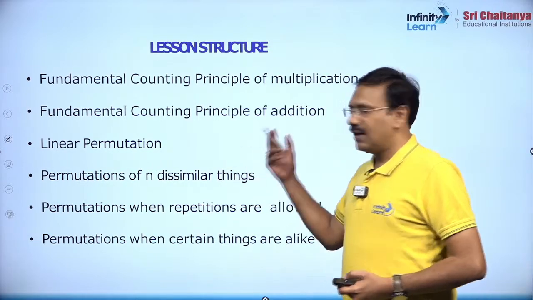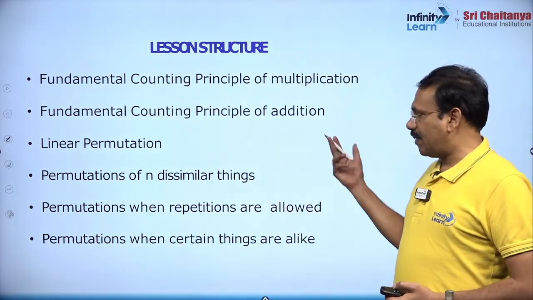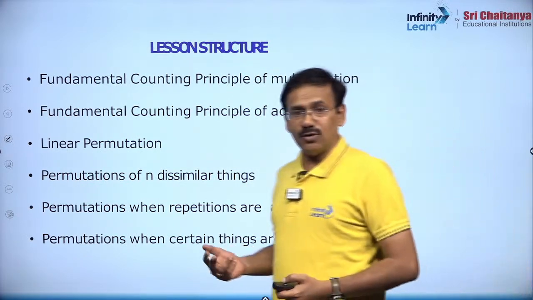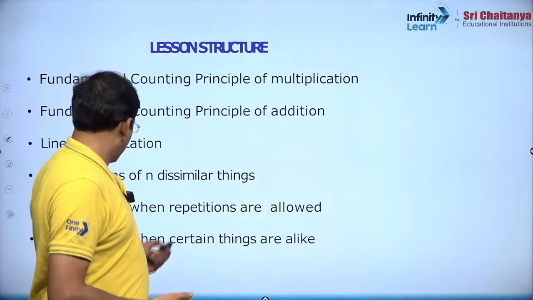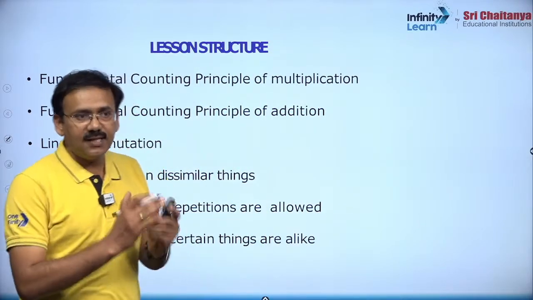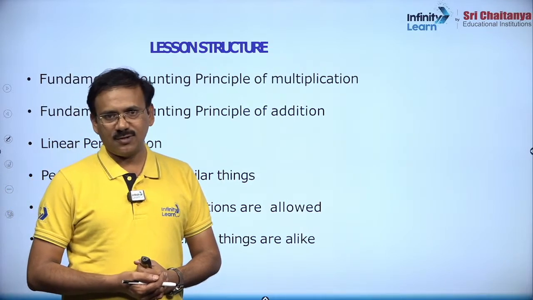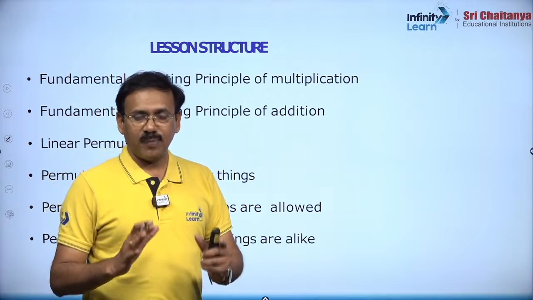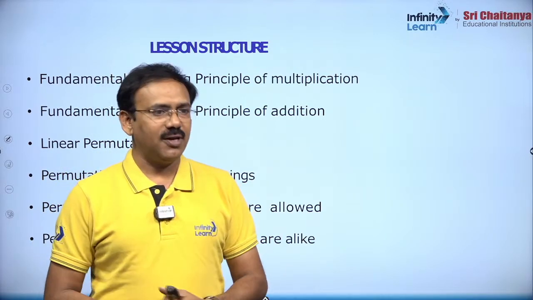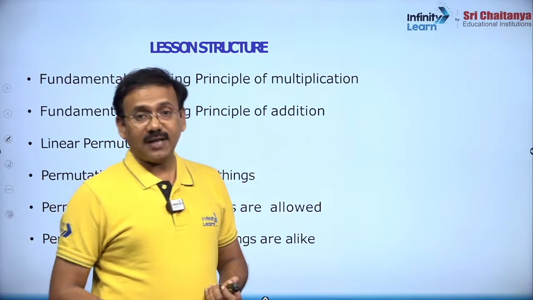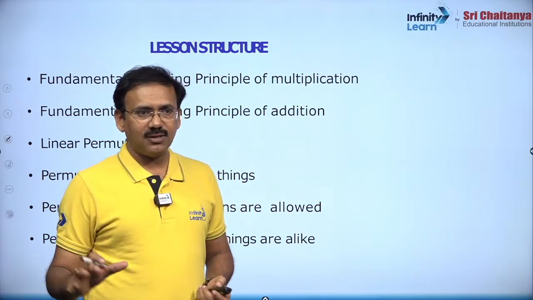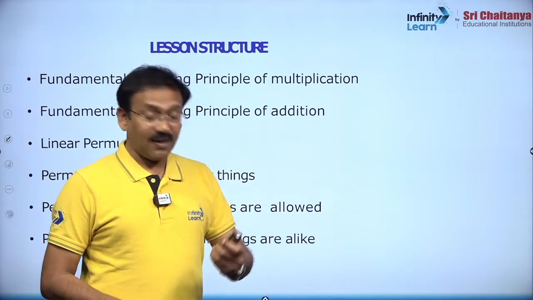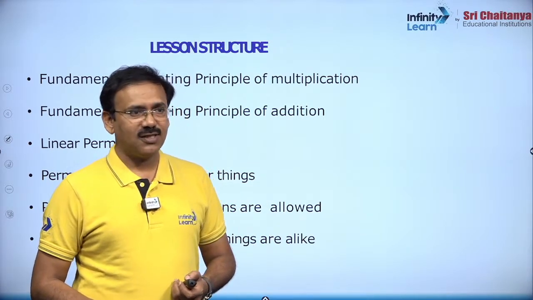Then we'll focus on linear permutations, permutations of n dissimilar things, permutations when repetitions are allowed, as well as permutations when certain things are alike. These models first we will focus on, dear students. First I'll try to cover all the models related to permutations, then we will go to combinations. I will try to see that all the main models come into discussion in the coming 90 minutes. Just please be keen and try to answer the questions.